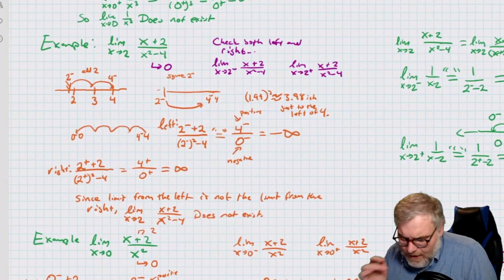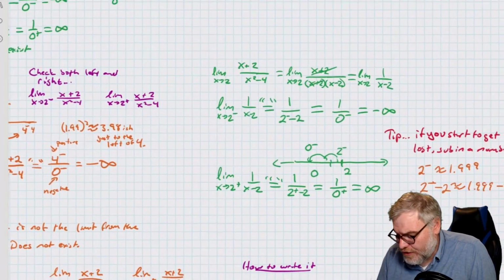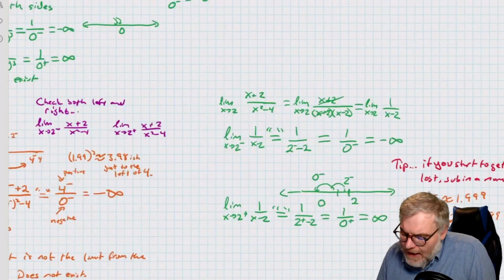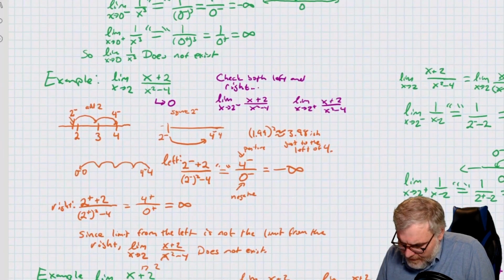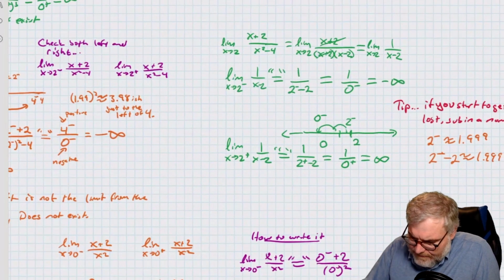Here's a slightly more complicated way to do it. Now, for this one, I totally encourage breaking it up and factoring first. But I want to do this slightly more complicated thing. The limit here would not exist, by the way. We noticed that.